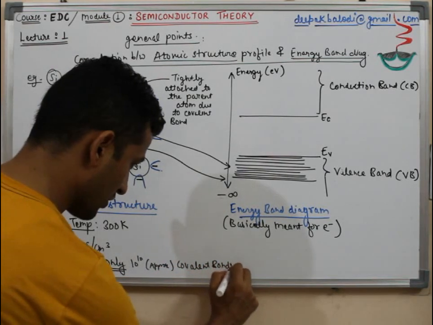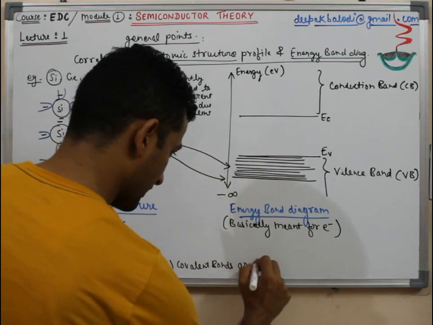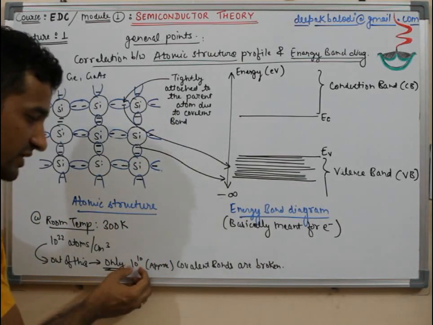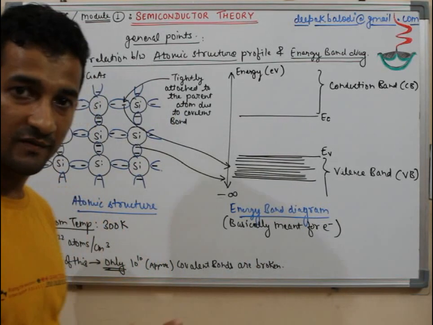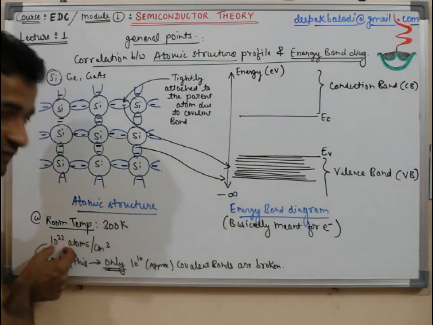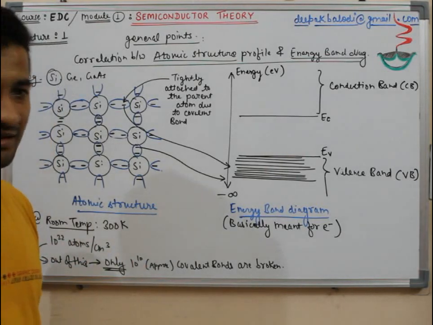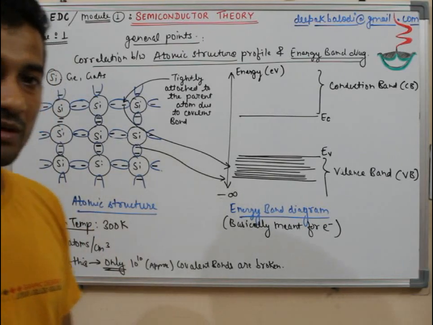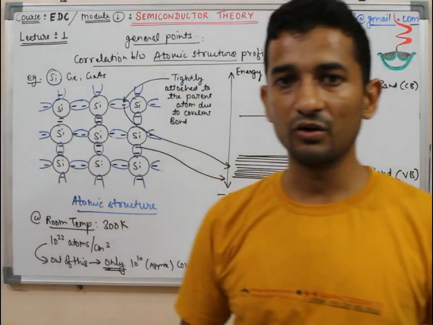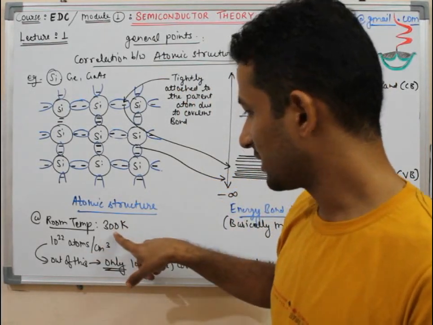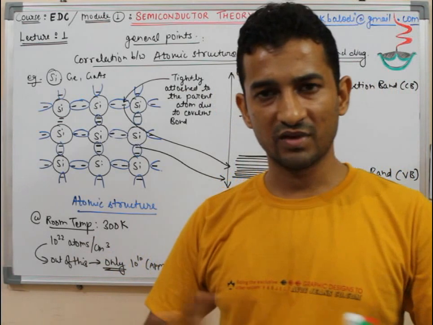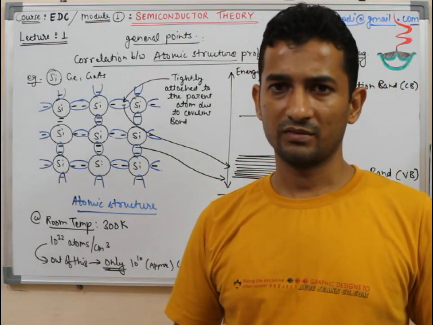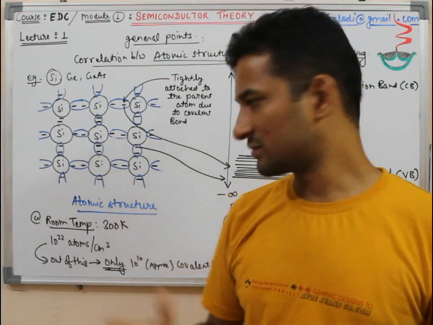If you only see 10 to the power 10, it appears as a large number, but out of 10 to the power 22, it is almost negligible. Only 10 to the power 10 covalent bonds have been broken due to thermal agitation, because at room temperature there is still some thermal agitation, and also due to other effects like lattice vibrations, or due to the temperature.